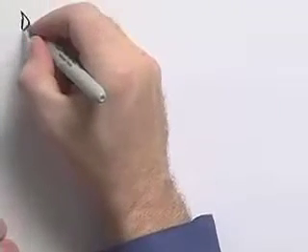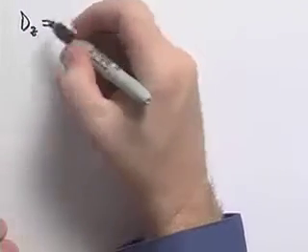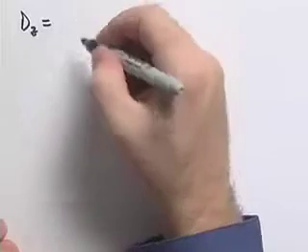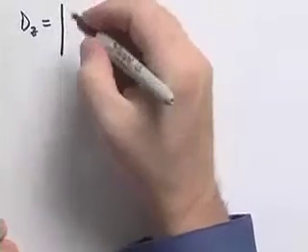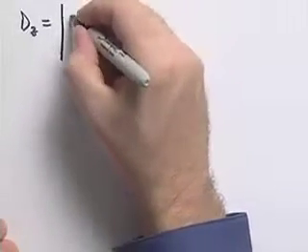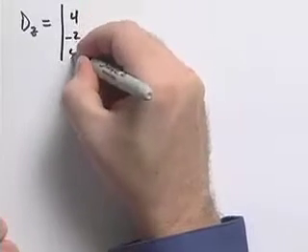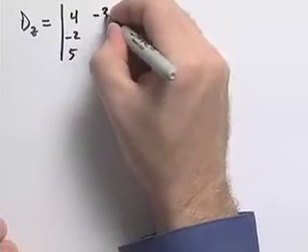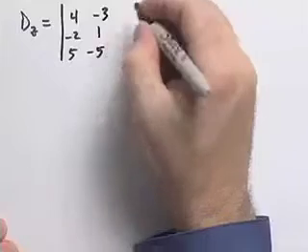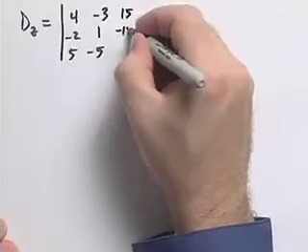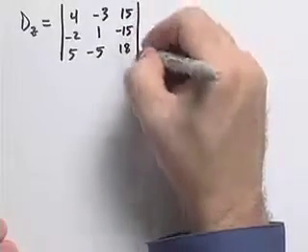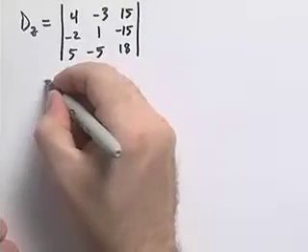Now we're going to find our last determinant, Dz. To find Dz, we're going to proceed, as we've done in the past, by replacing the coefficients for z by the coefficients on the right-hand side. So we get the determinant of 4, negative 3, 15, negative 2, 1, negative 15, 5, negative 5, and 18. We'll just expand across the first row again.